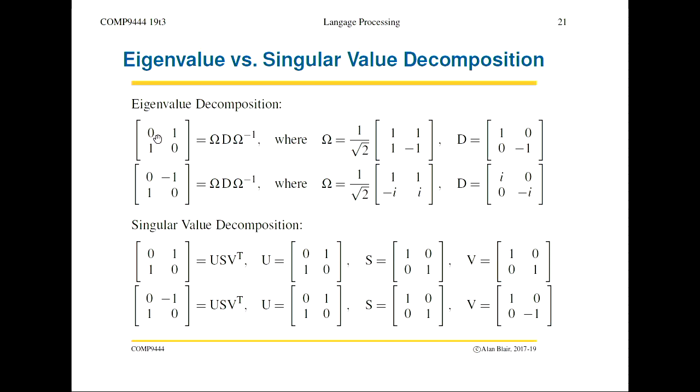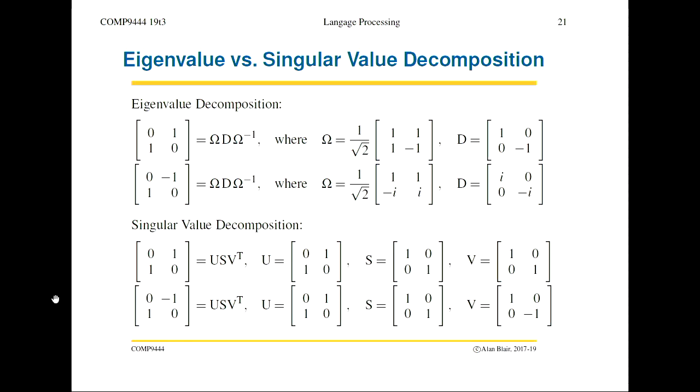In this case, one of the eigenvalues is negative. And in this case, both of the eigenvalues are imaginary. In the eigenvalue decomposition, you have omega times D and then omega inverse. In the singular value decomposition, U and V are separated out. They don't have to be inverse to each other.